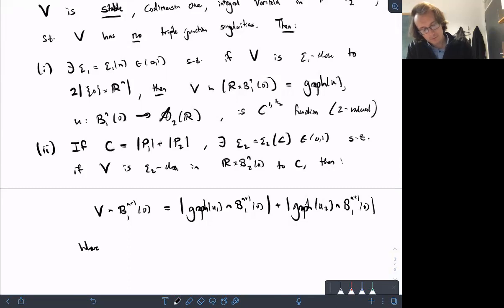Where these functions are defined over the respective planes. So one over each hyperplane.